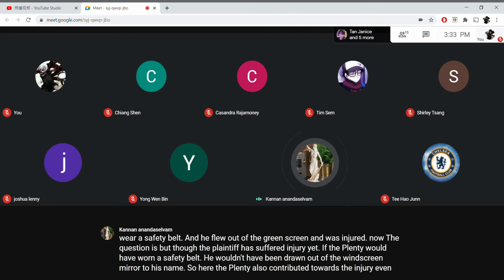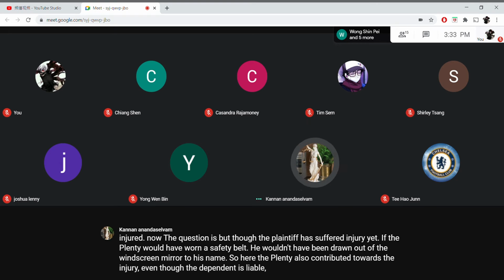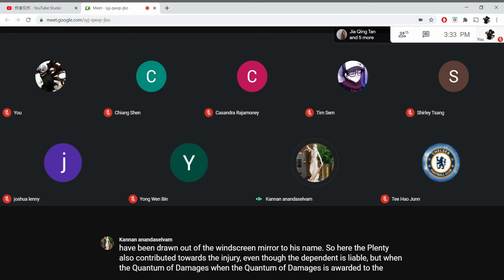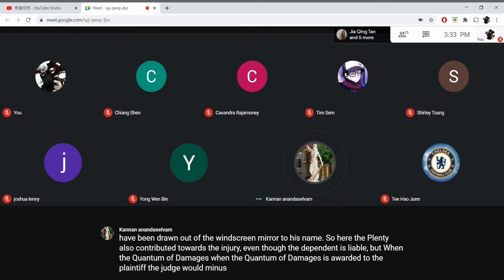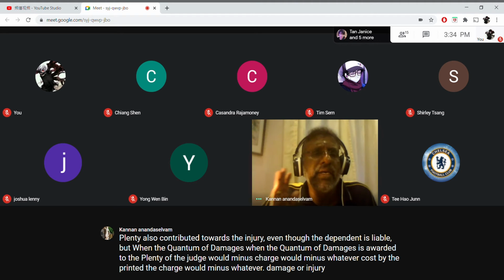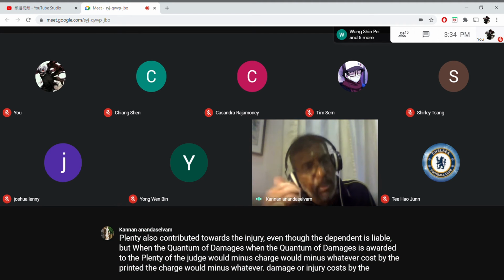Even though the defendant is liable, when the quantum of damages is awarded to the plaintiff, the judge would minus whatever damage or injury caused by the plaintiff, whatever he contributed.